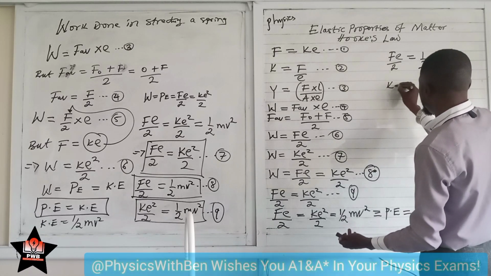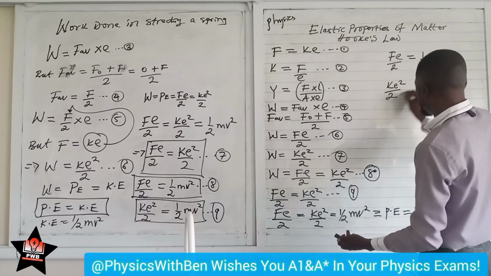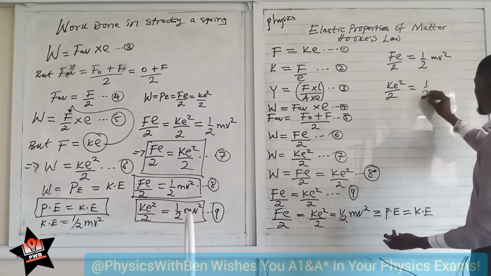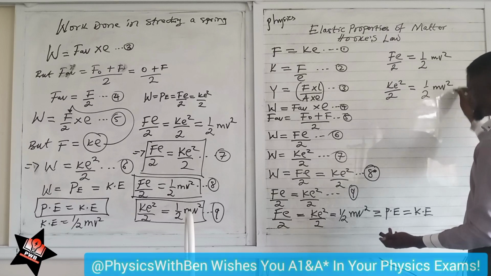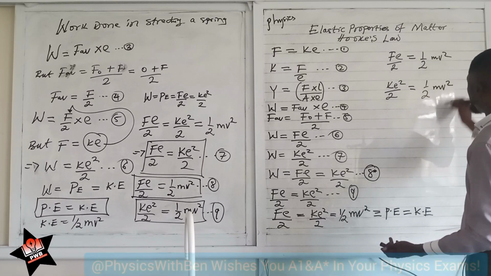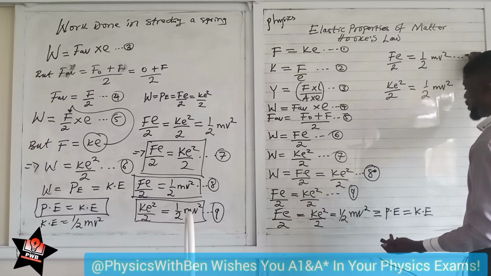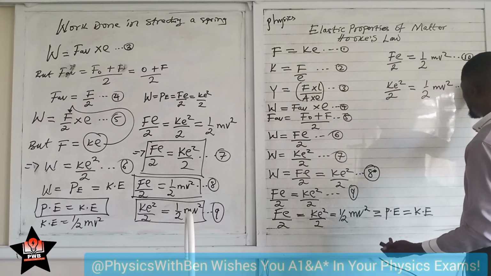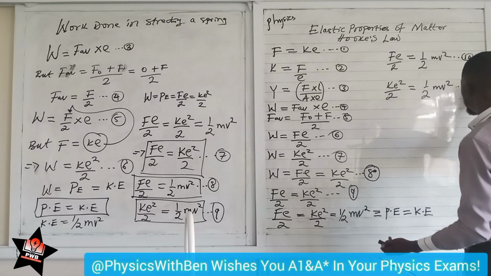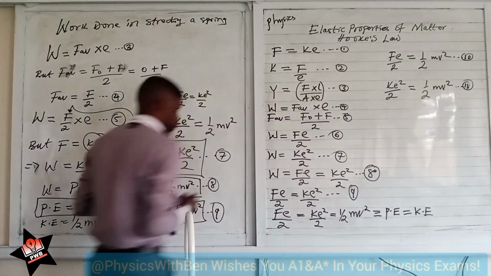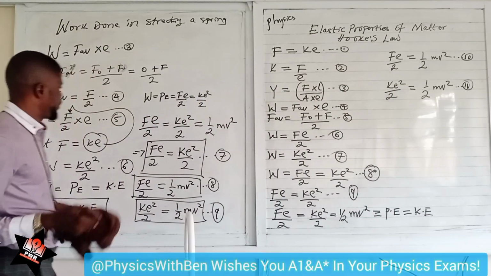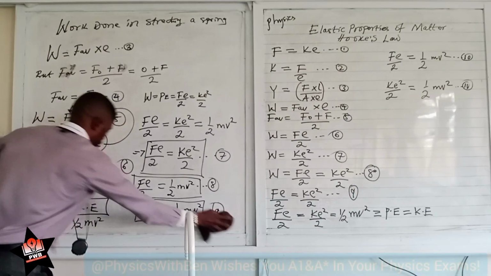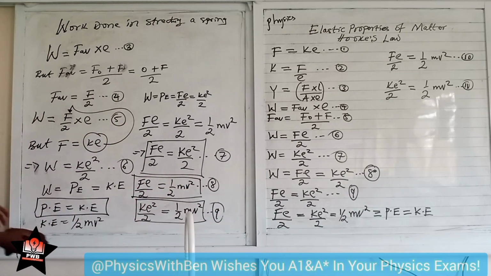You have Ke squared all over 2 is equal to half mv squared. So this is equation 10, and equation 11.